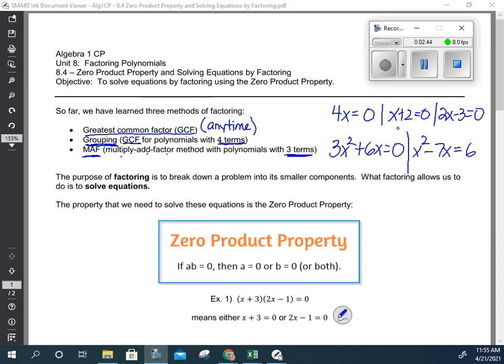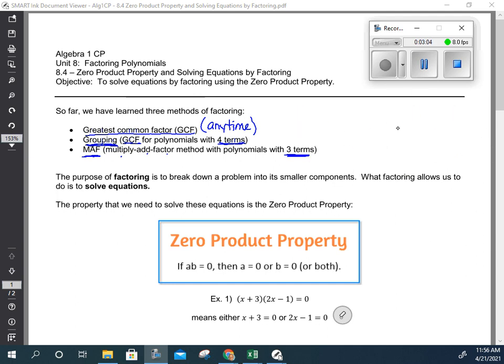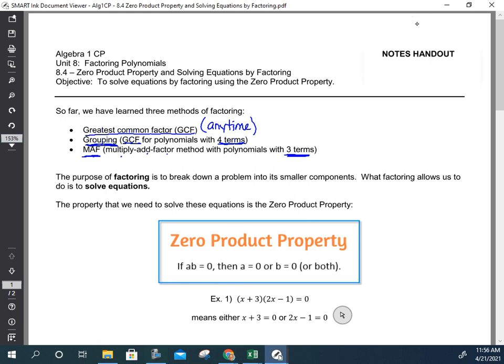That's okay if your answer is I don't know, at least right now. If we know how to factor, then we can solve equations like this. If you can factor, then we can solve equations like that. But we need a rule to allow us to do that.